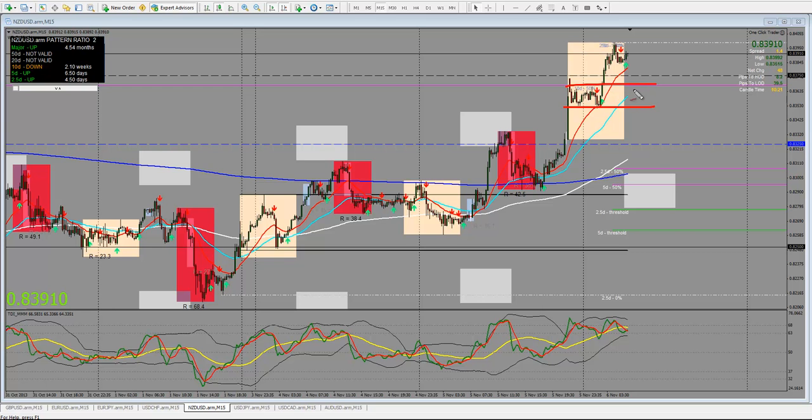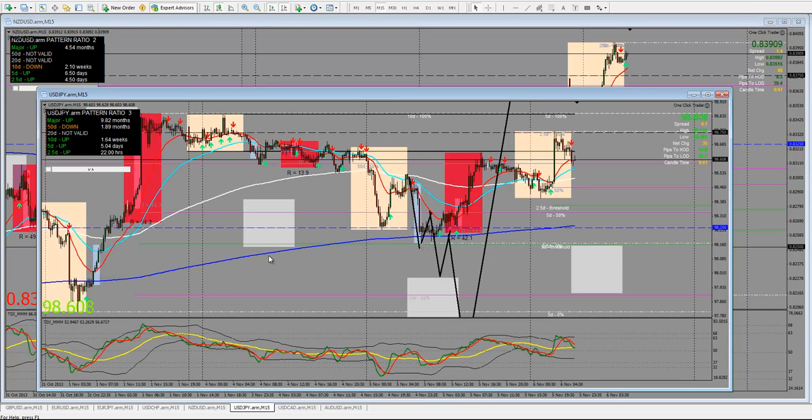So we're looking around this area here for a double bottom, and like I explained to you earlier, why do we buy or sell at double bottoms or double tops? Because we have small risk. So around this zone here we are looking at a buy-in area on the 15-minute chart.